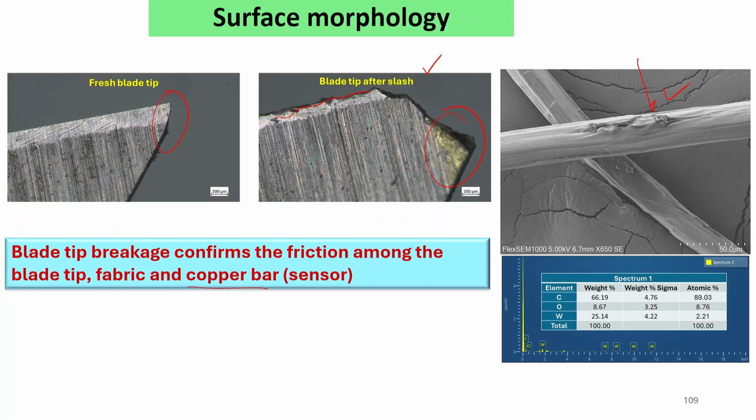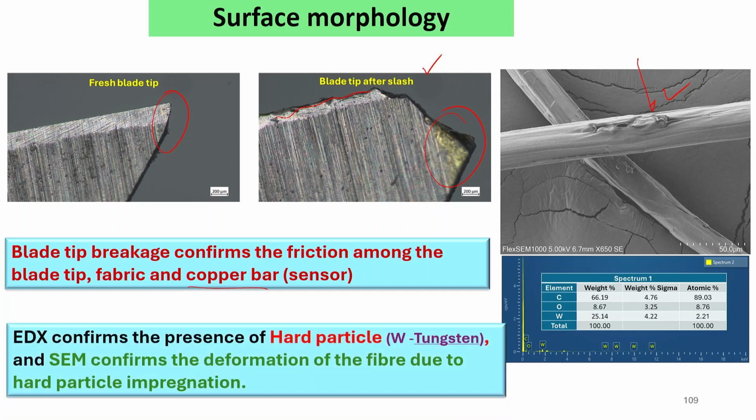So, that blade damage was there. EDX confirms the presence of the hard particle, that is tungsten, this is the W, and AFM confirms the deformation of fiber due to the hard particle impregnation. So, here the fibers are deformed.